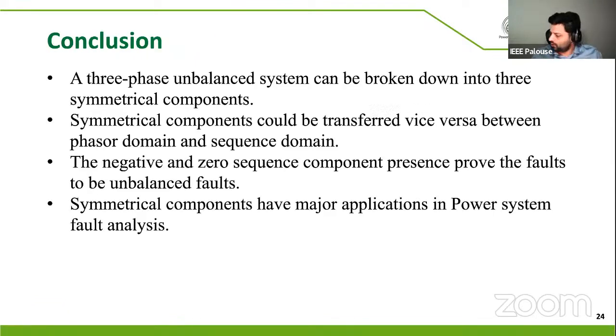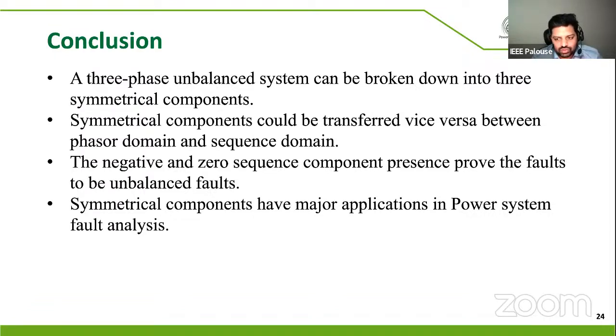Coming to the conclusion, we proved that a three-phase unbalanced system can be broken down into 3 symmetrical components. The symmetrical components can always be transferred vice versa between the phasor domain and the sequence domain using our transformation matrix or inverse transformation matrix.